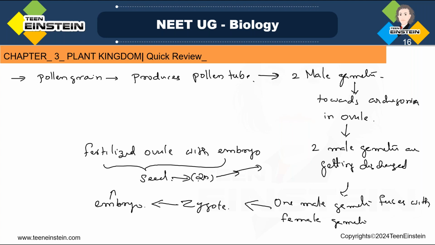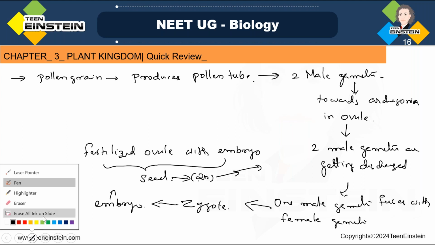You can learn angiosperms almost similarly, but there you can see slight changes, because here ovary or fruit formation is not there, but in angiosperms they are covered seeds, with ovary and fruit formation.